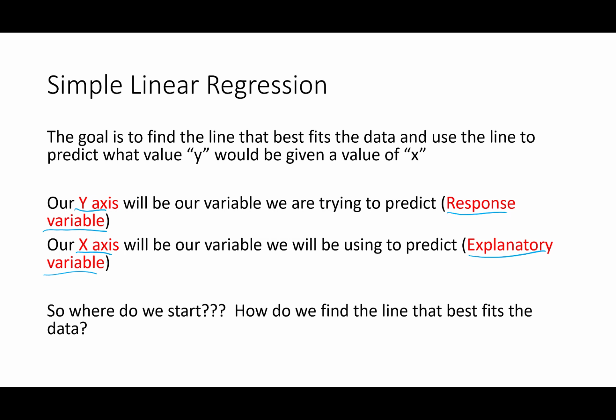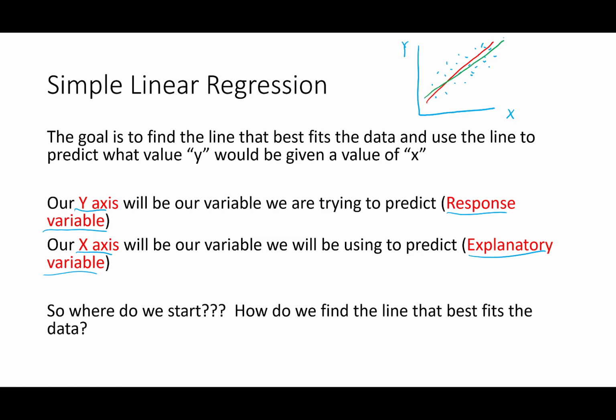And like we just talked about, we're going to be doing so by finding the line that best fits your data. So we have a bunch of different points, and we're going to try to find the line that best fits your data. What we need to think about, though, is how do we find that line? Which line is better, the red line I just drew or this green line?